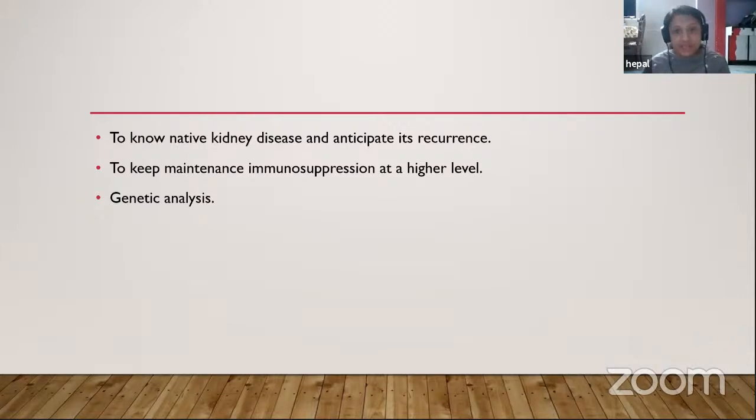For FSGS patients, for C3GN patients, the genetic analysis of the recipient and the living donor, and for atypical HUS, in these situations the genetic analysis is definitely supportive for planning the transplant.